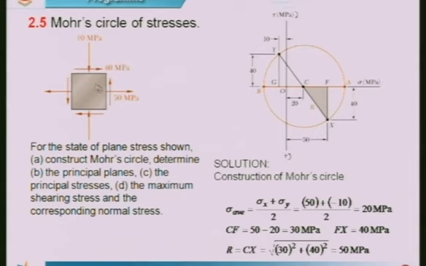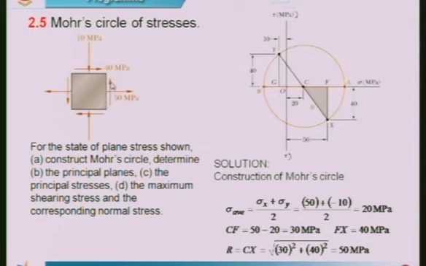Okay. Now to get the Mohr circle, we would first plot this, which is 50 megapascal, it is positive. So from the origin we move by a distance equal to 50, which corresponds to this 50, which is positive.